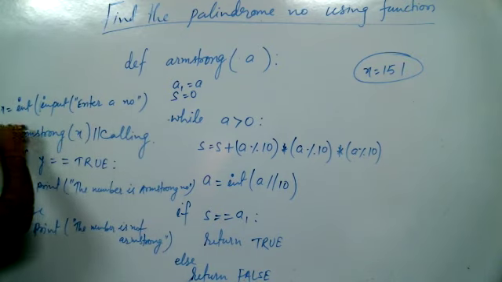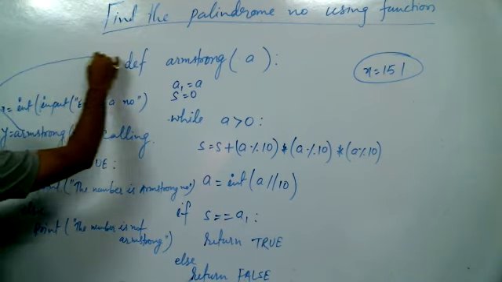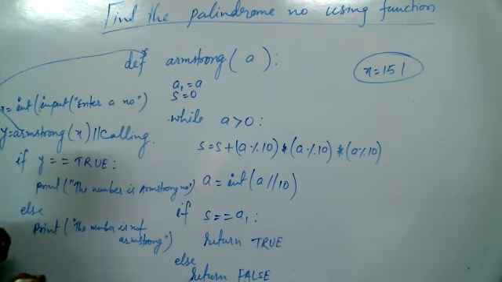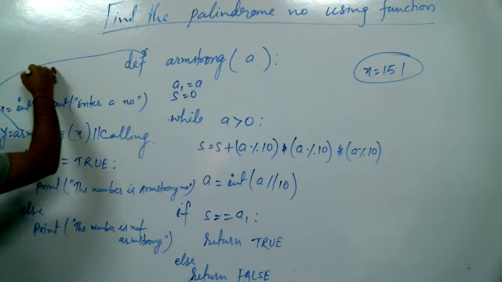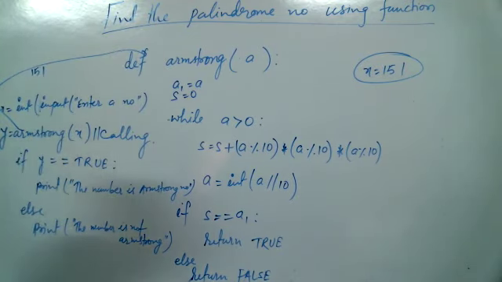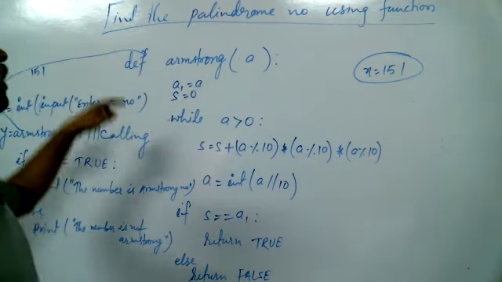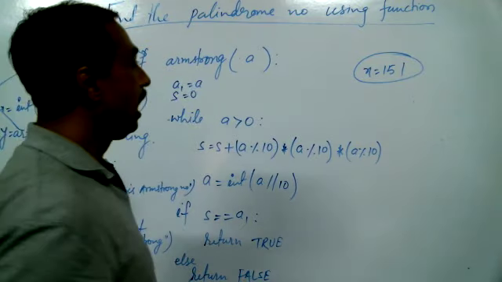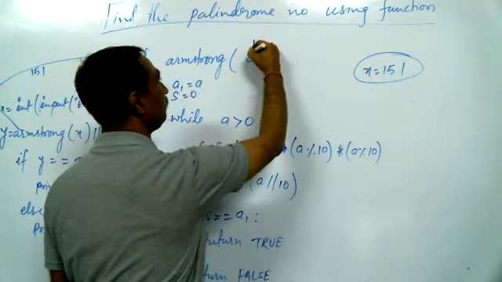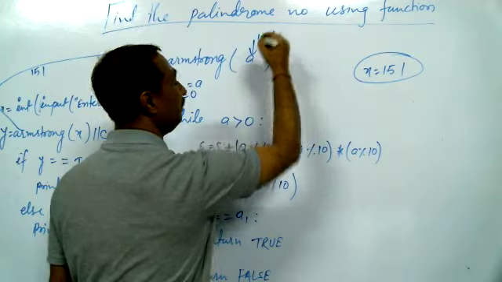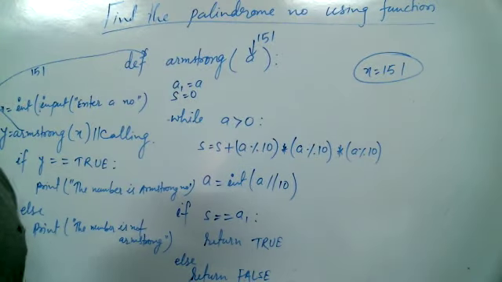So the control will directly transfer to this function with 151. 151 is the value of x, so the control will transfer to the Armstrong function and A will be having 151.